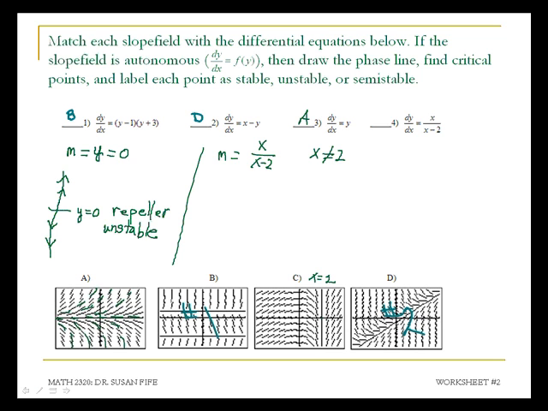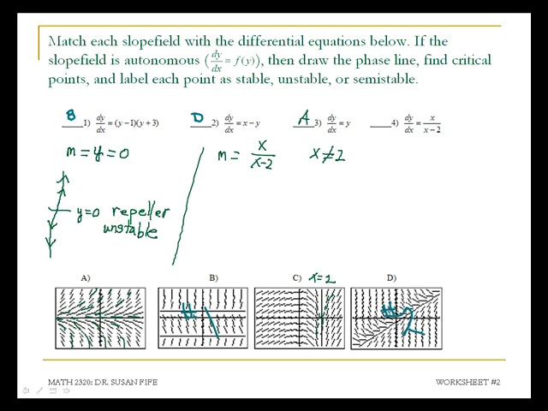It appears that it's going straight down. At x equals 2, the graph is probably undefined. And so there may not be any points right at x equals 2, but very close to it you're going to have lines that look almost vertical.